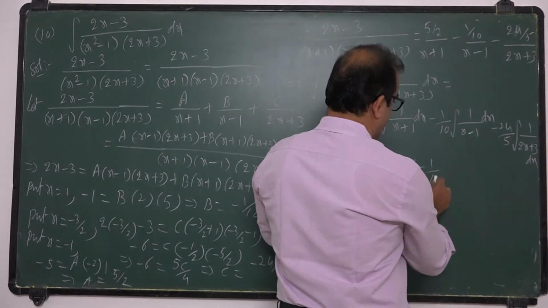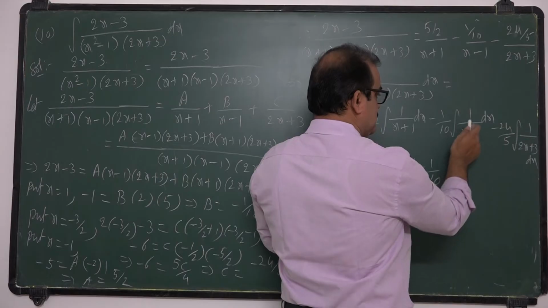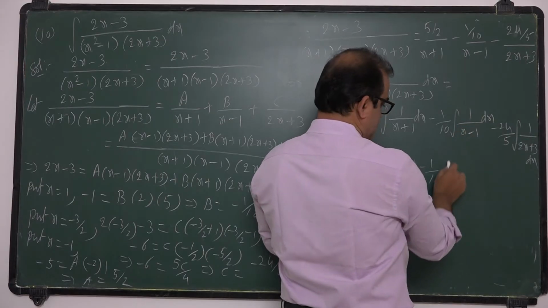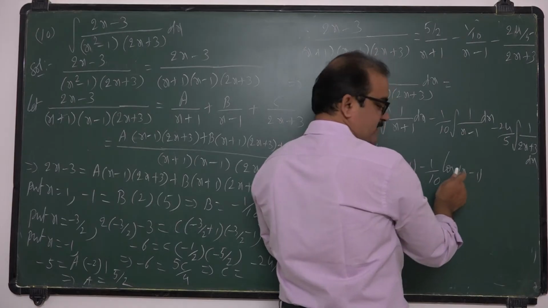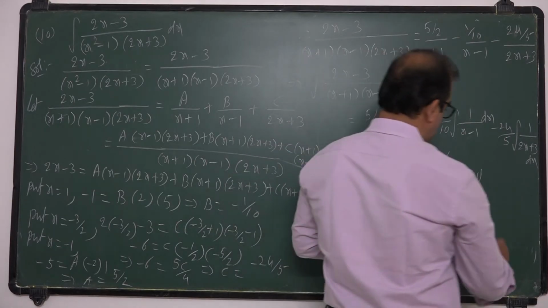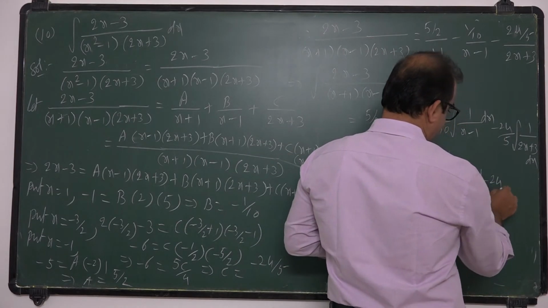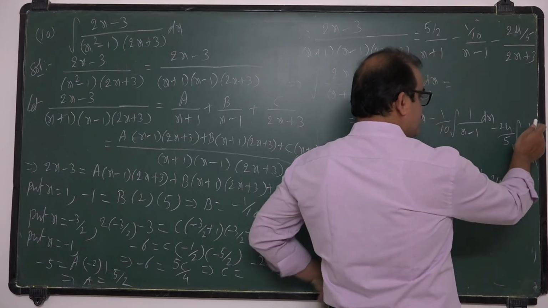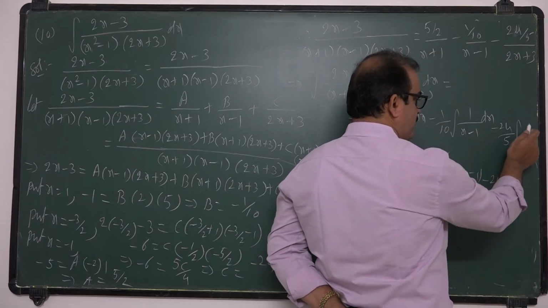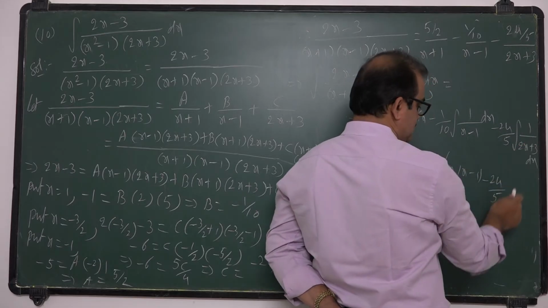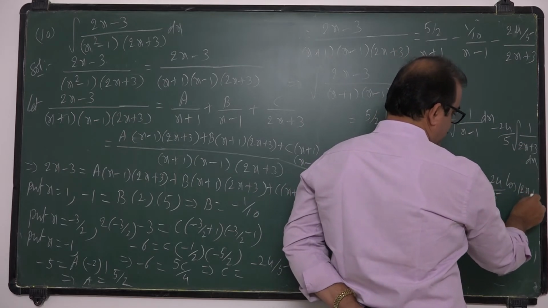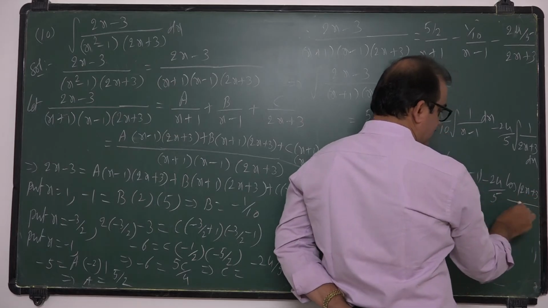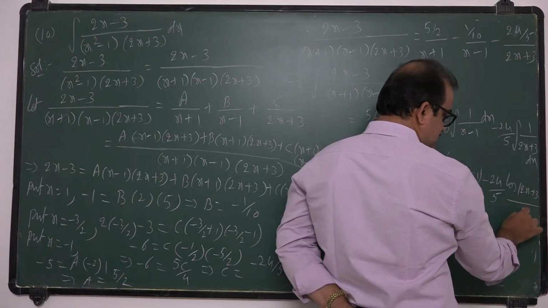Minus 1 by 10 into, it is also in the form of integral 1 by x, that is log mod x minus 1 by derivative of x minus 1, that is 1. Minus 24 by 5 into, it is also in the form of integral 1 by x dx, that is log mod 2x plus 3 by derivative of 2x plus 3, that is 2.